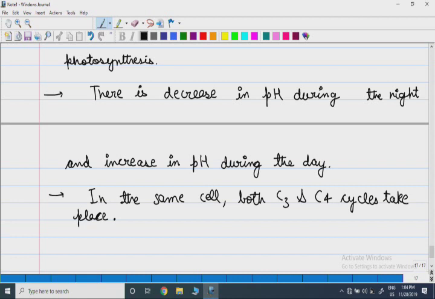So this habit of these C4 plants, CAM plants, enables them to survive in very adverse desert conditions. Okay.